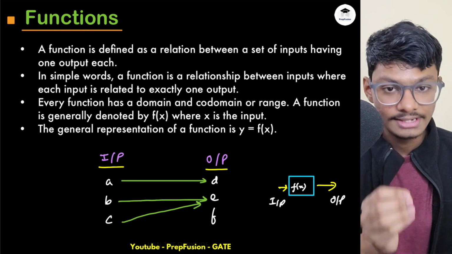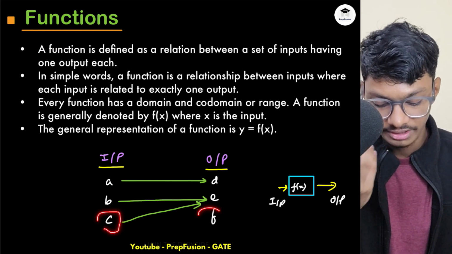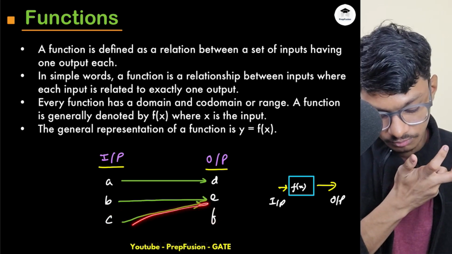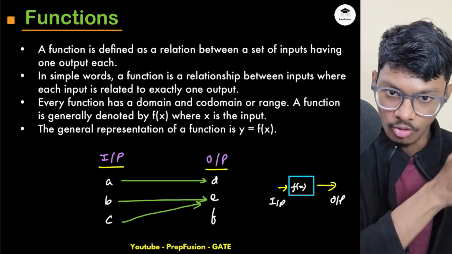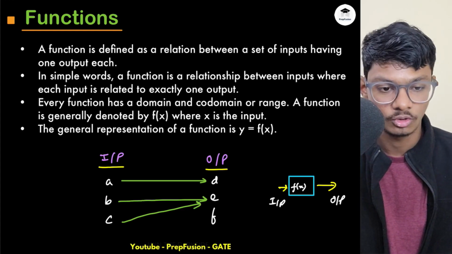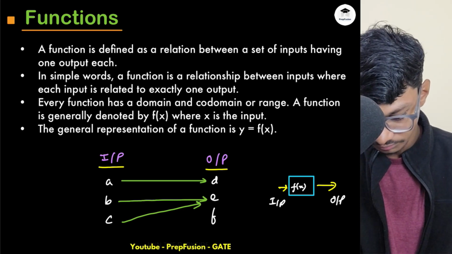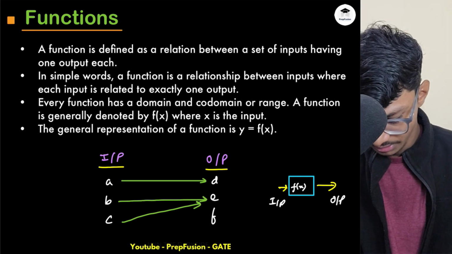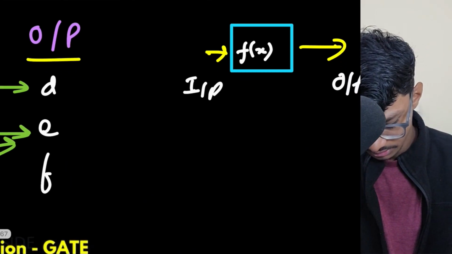It doesn't necessarily mean that for another input I have to get a different output. Both B and C can map to the same output. So the mapping of a function can be called many to one or one to one also. Let me write this over here in small letters.